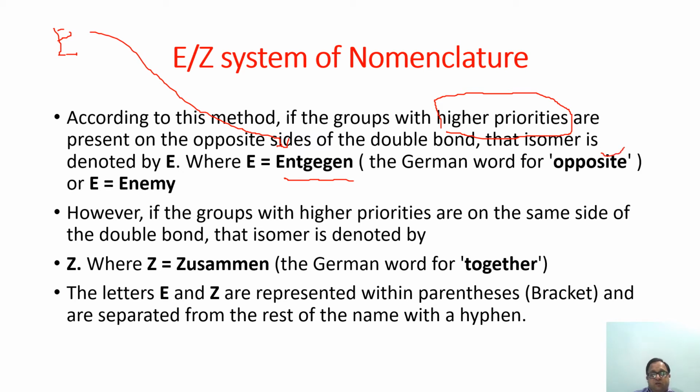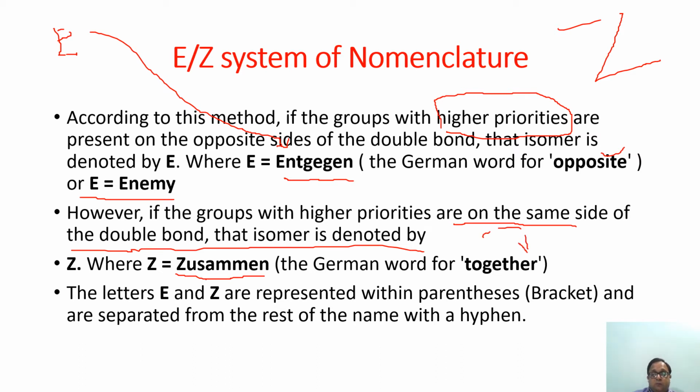For our convenience, we can remember it as E for enemy. On the other hand, if both the groups with high priority are on the same side of the double bond, the isomer is represented by the letter Z. Z stands for zusammen, a German word that means together.